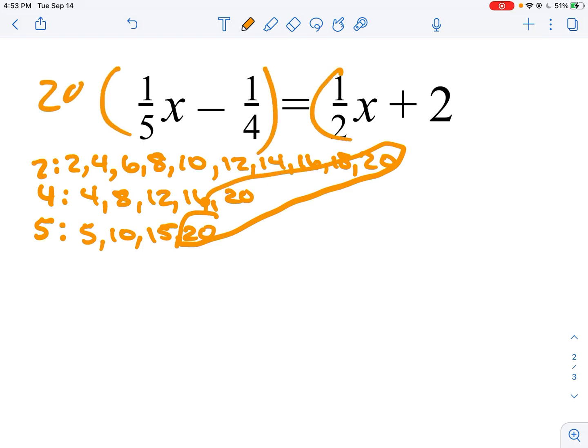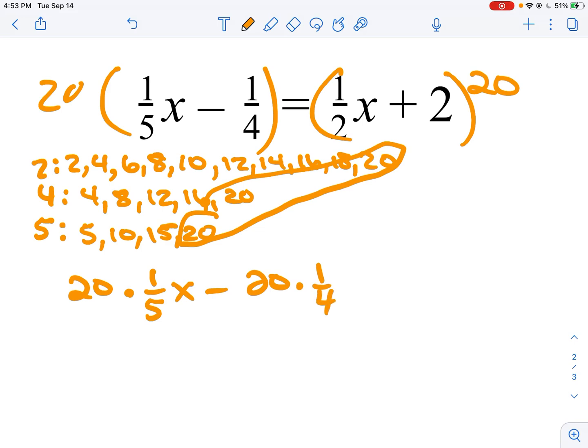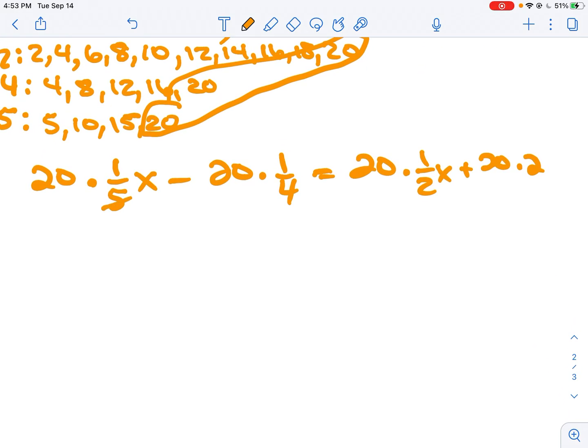So I multiply by 20. I take 20 and multiply it by 1/5 x, take 20 and multiply it by 1/4, take 20 and multiply it by 1/2 x, and take 20 and multiply it by 2. 5 goes into 20 4 times, so that would get me 4x.